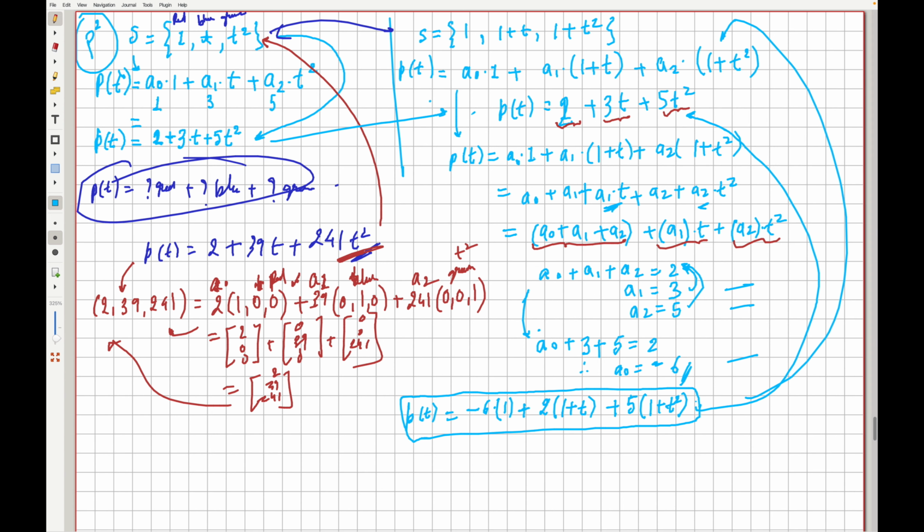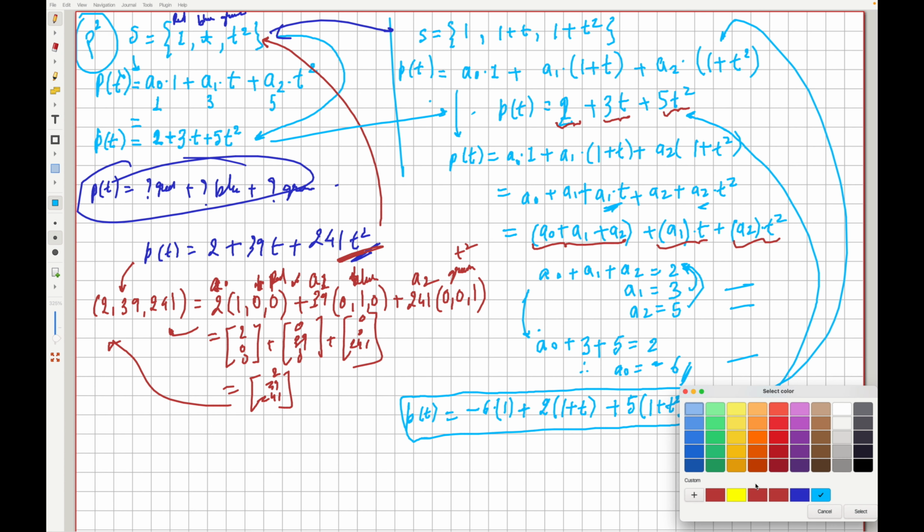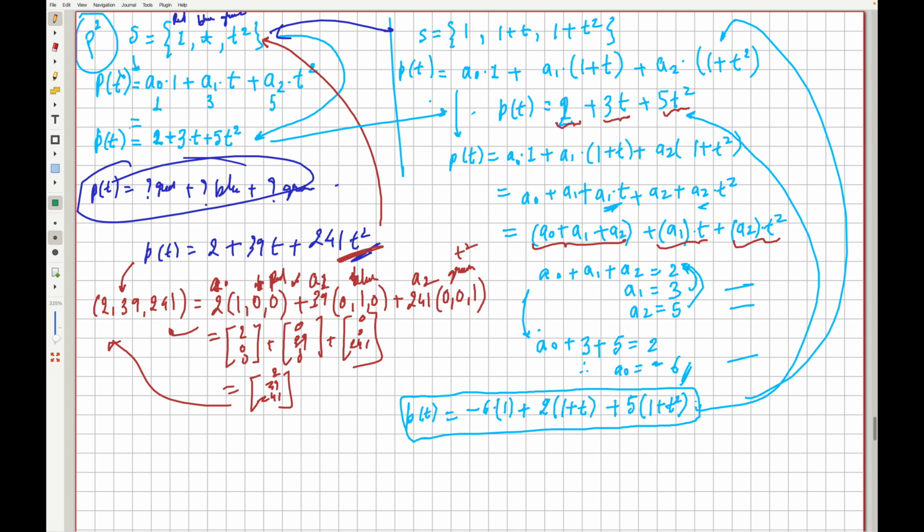And the idea then is that we were able to get this polynomial using this set of basis vectors and this set of basis vectors as well. The key difference was the values for the coefficients.